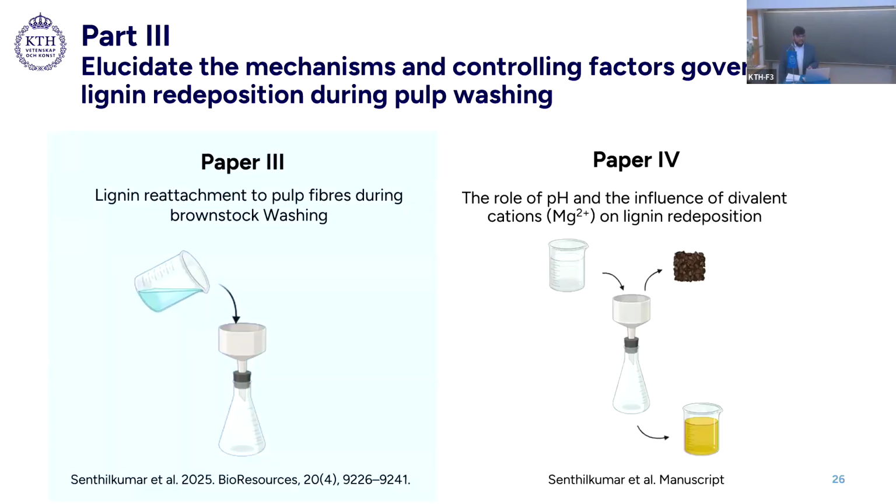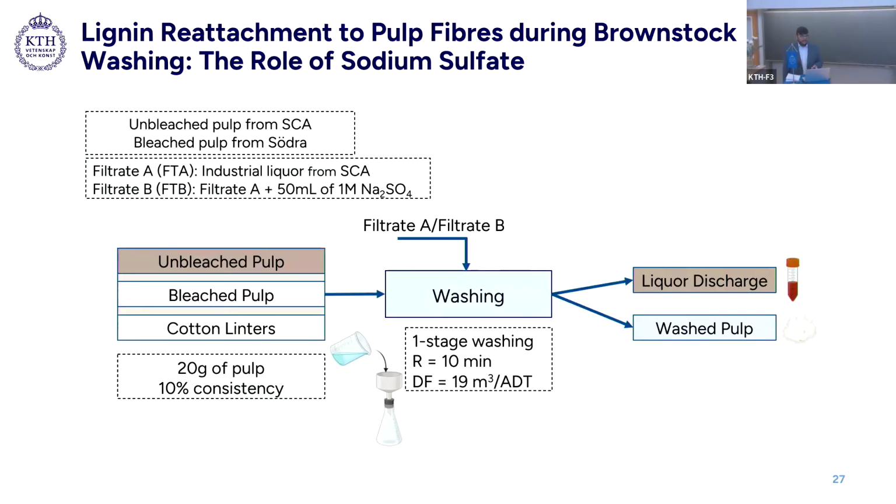Looking at part 3, which was based on paper number 3 as well as paper number 4, we studied lignin redeposition. Coming to paper 3, lignin reattachment to pulp fibers during brownstock washing with the role of sodium sulfate was studied, where 3 different types of pulp were selected: unbleached pulp, bleached pulp, and cotton linters. They were washed with filtrate A and filtrate B, where filtrate A was the industrial liquor from SCA, and filtrate B was the same filtrate A with the supplement of sodium sulfate in it.